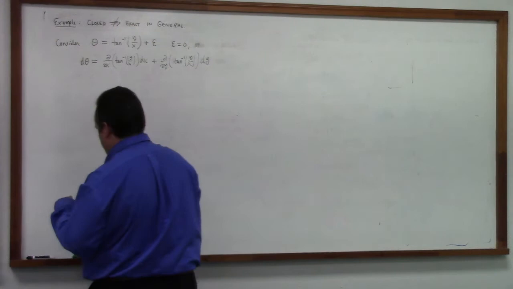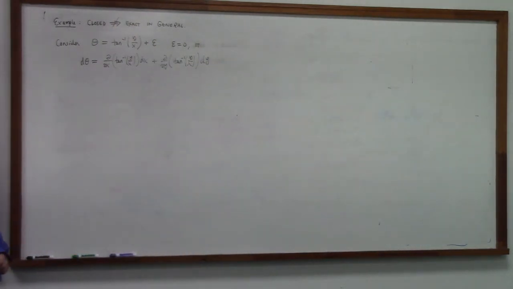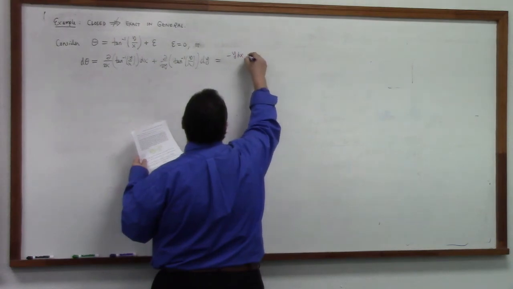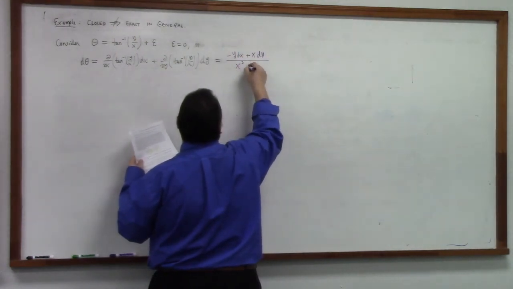And so you work it out, what you get is minus y dx plus x dy over x squared plus y squared.